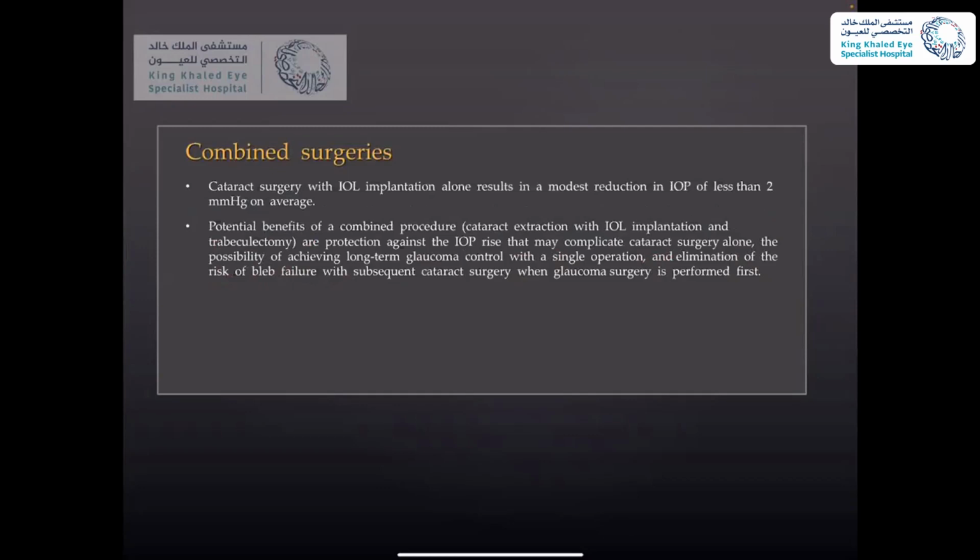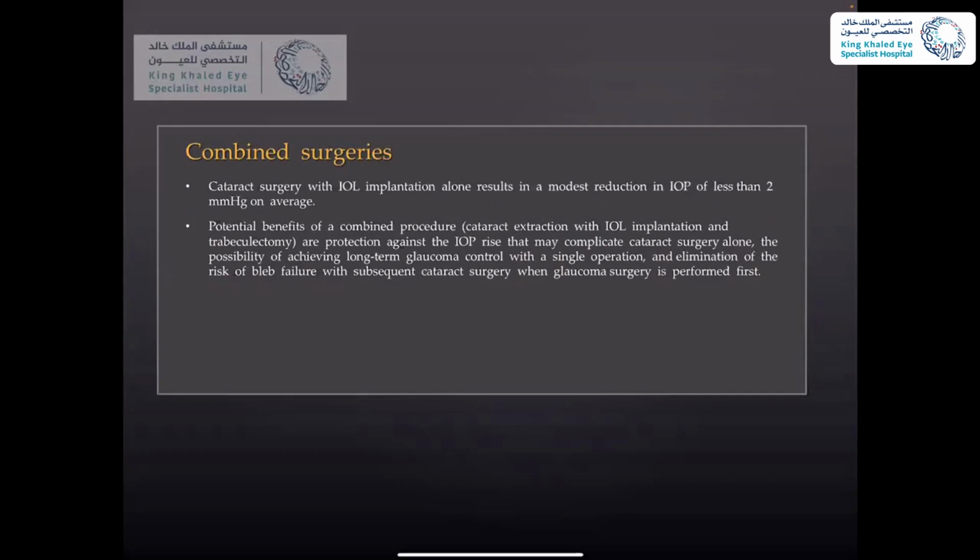What about combined surgery? As we all know, cataract surgery per se is some sort of glaucoma surgery, because after cataract surgery patients might experience a lowering of the IOP, around 2 millimeters of mercury on average.